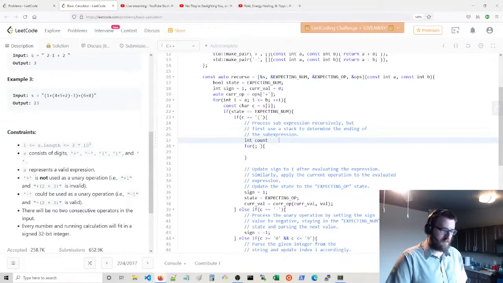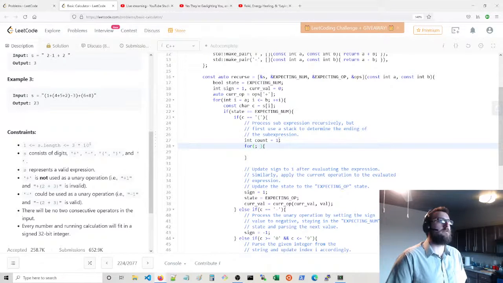So count equals 1, for i less than b and count greater than 0.